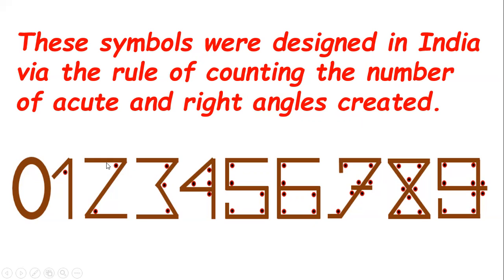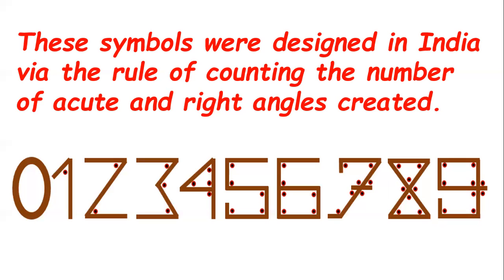For 2, 2 angles, there is a 2, 3, 4, 5 angles, 6, 7, 8, 9, etc. So these symbols that we use to represent the numerals of counting originated in India, and that's what we use today in our modern times. Most of them have been transformed, they have become more curved and so forth, but that's where they originated from.